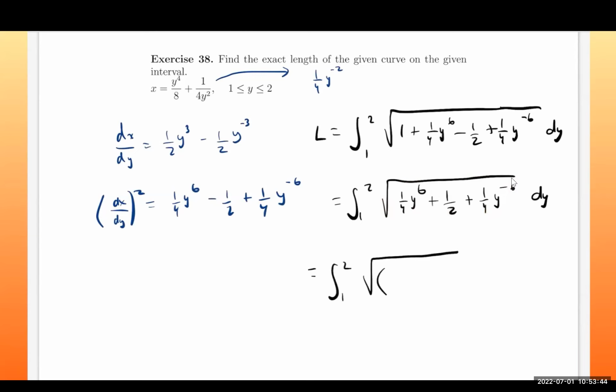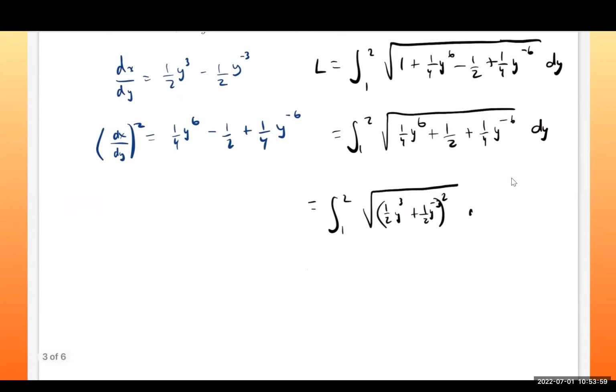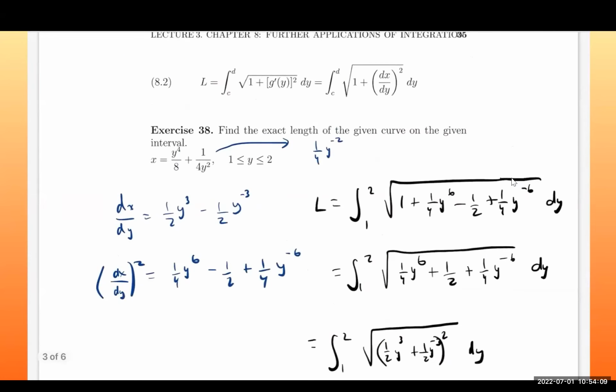And if you factor that, you're going to get 1/2 y cubed for the first term, and positive 1/2 y to the negative 3 for the second term. And you will see that if you expand that out, it does indeed give you that expression.